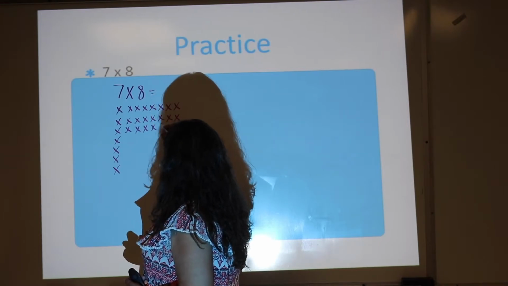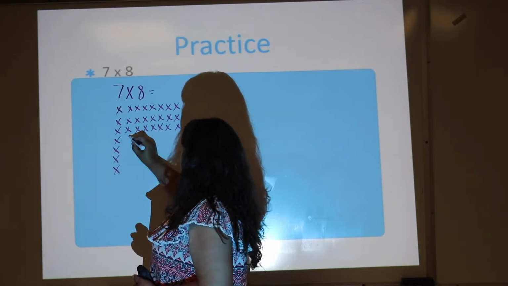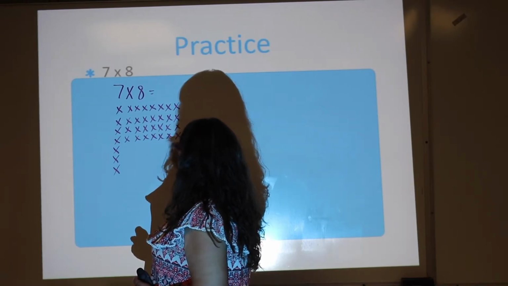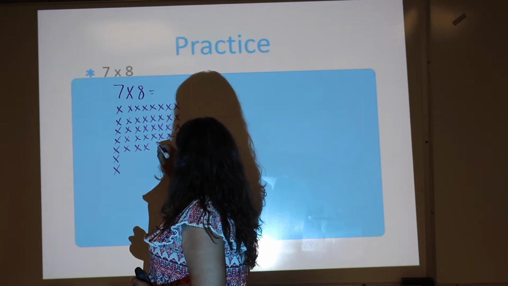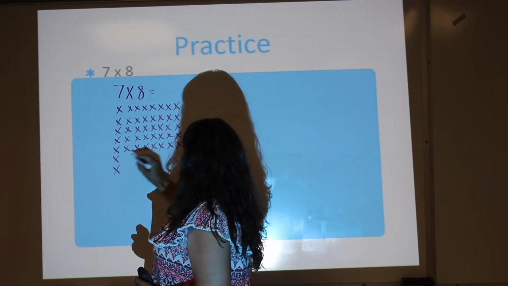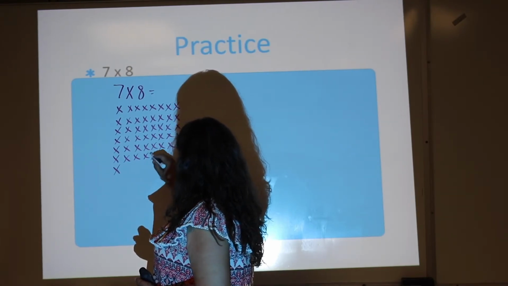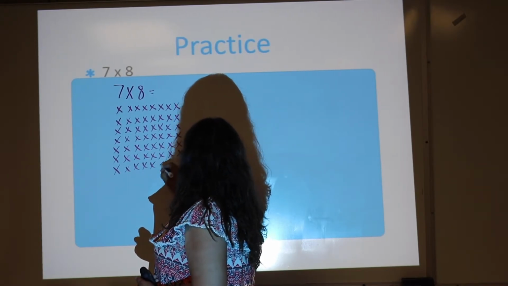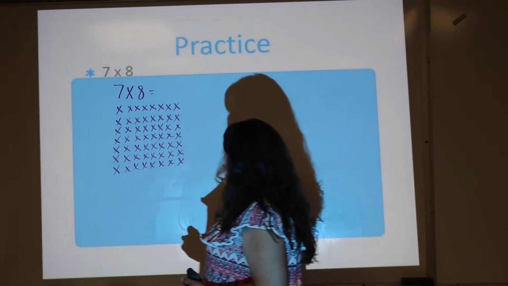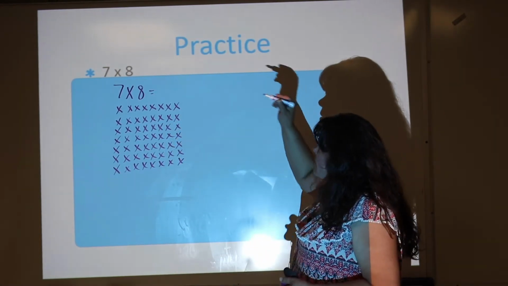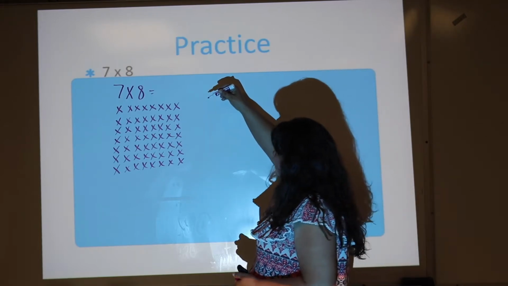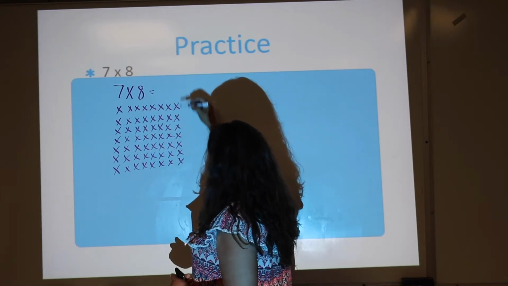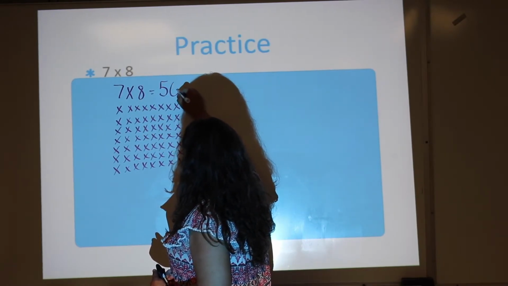I feel like I'm doing a dance or something when you count by eighths. Okay, there's my crazy array. So I have 7 times 8. If I counted all of these up, I'm going to end up with 56.